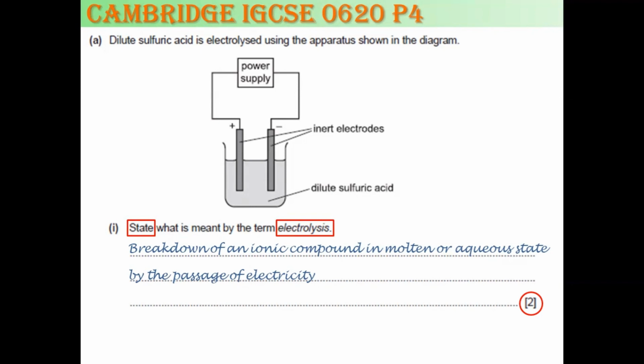Like we're looking at here, they could be giving breakdown of an ionic compound in molten or aqueous state for 1 mark, and by passage of electricity for the second mark. Or they could give breakdown by passage of electricity of an ionic compound in molten or aqueous state. The advantage that we have here is it's a definition, and you have to really give all the details.